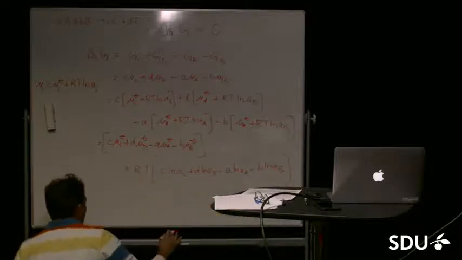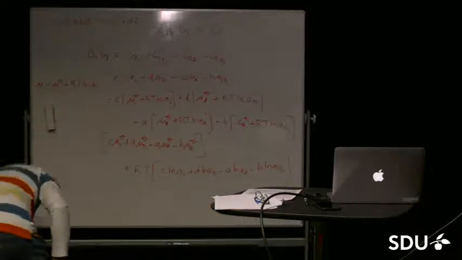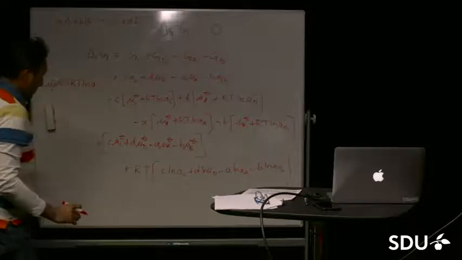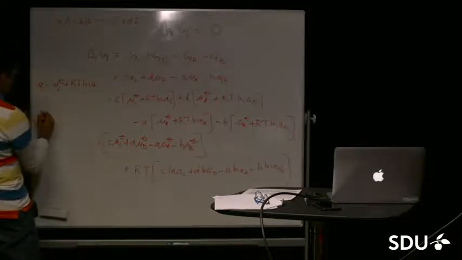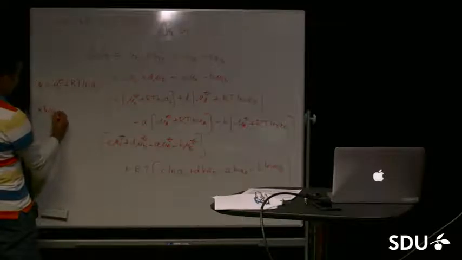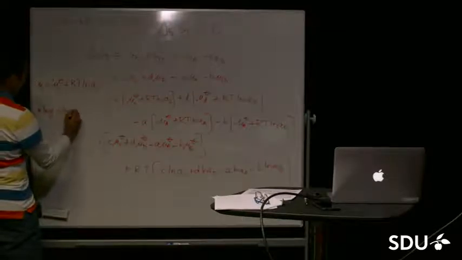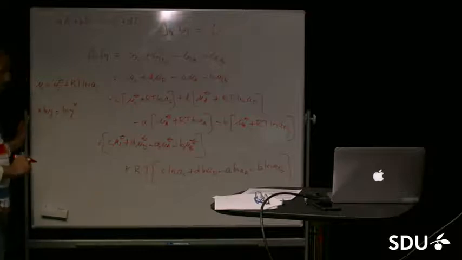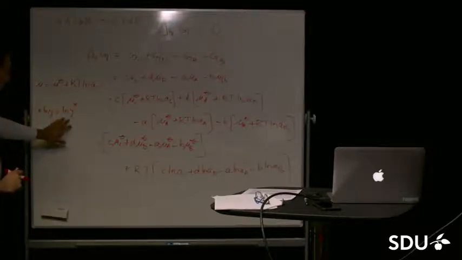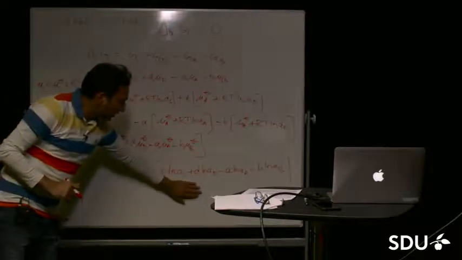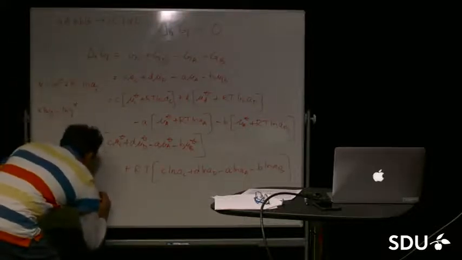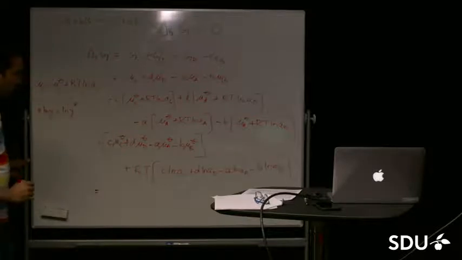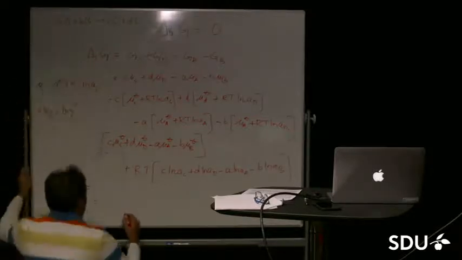Good. Now, let's remember some simple math. x times log of y is simply equal to log of y to the power of x. And when we substitute this in the second term, let's do the second term first.